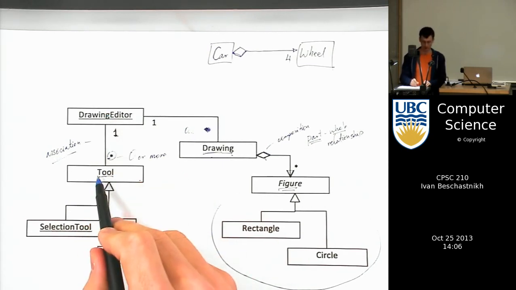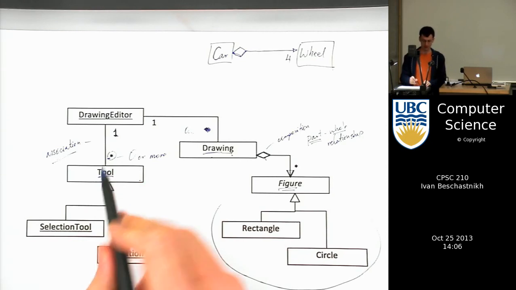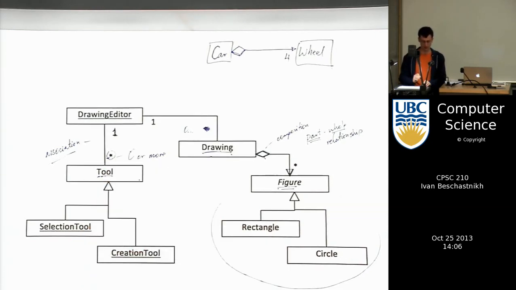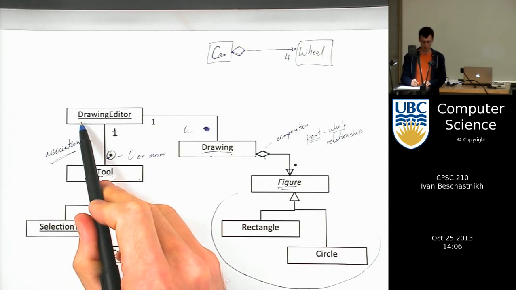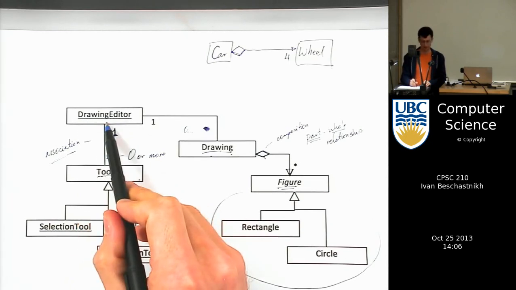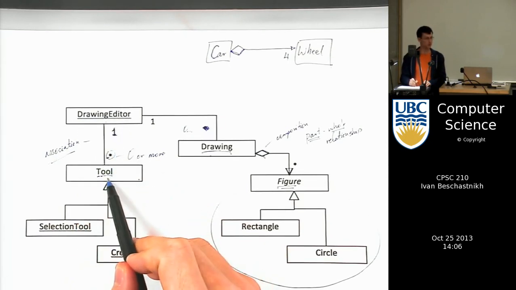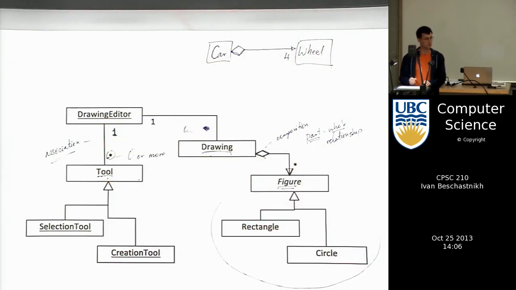So you say a tool knows about 1 drawing editor. And then you say a drawing editor knows about 0 or more tools. Okay, so I'm going to read that down. So this is an association. It just says that your instance of one of these types, your object, must have references to these other objects. And we're going to actually try to implement these in code.